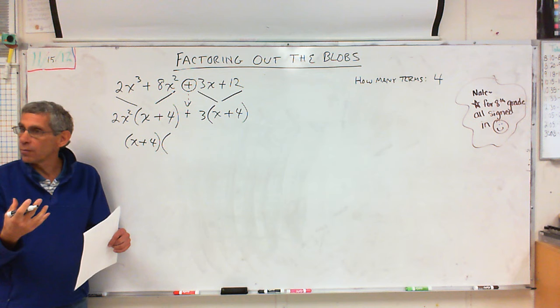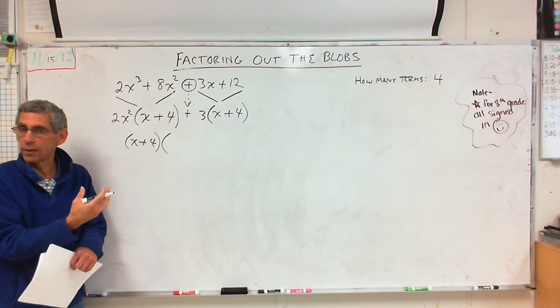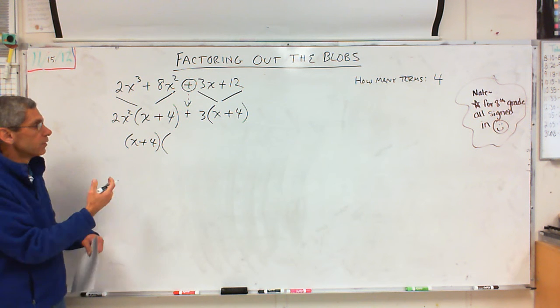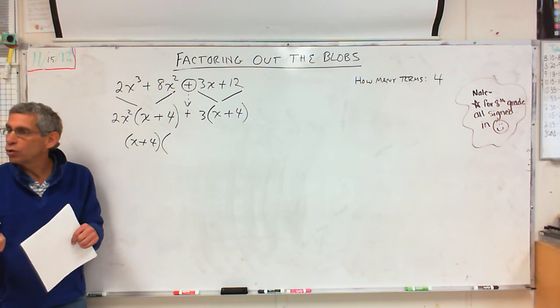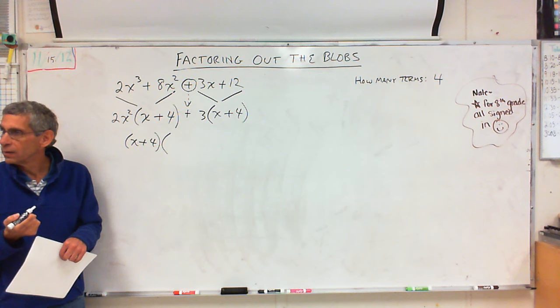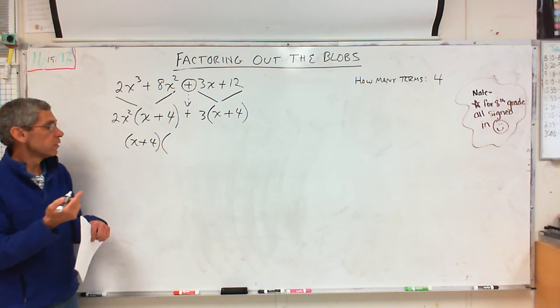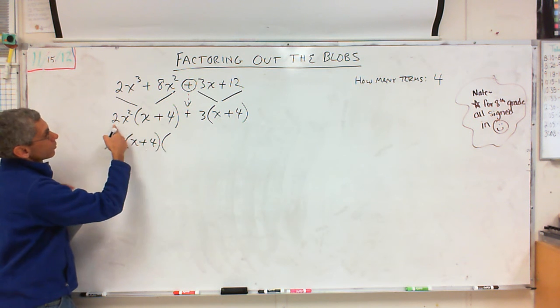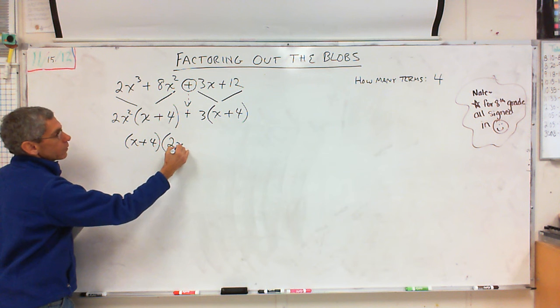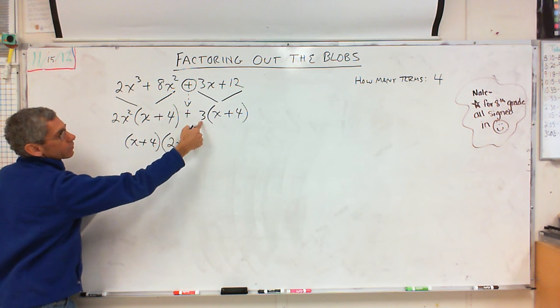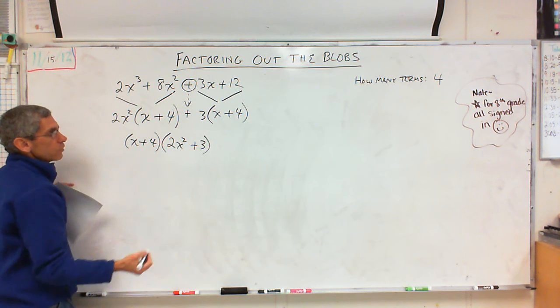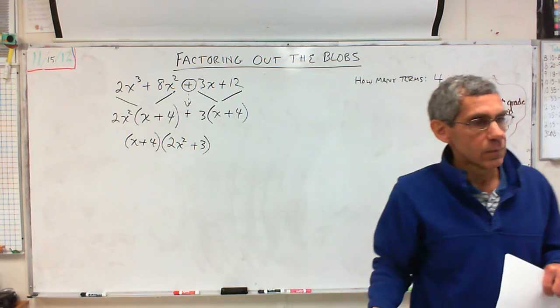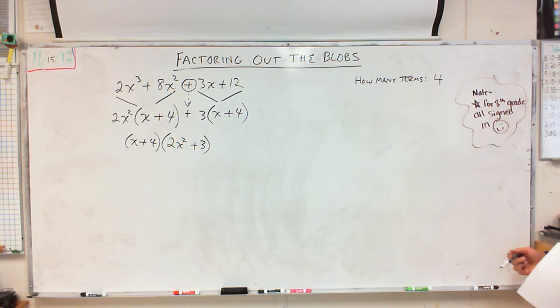Factors are things that are multiplied times each other to get a number, right? That's what factors are. Factors of 10 are 2 times 5, right? So it's got to be multiply here. x plus 4, and then you have the 2x squared plus 3. And you're done. Yay! Right? That's pretty awesome.